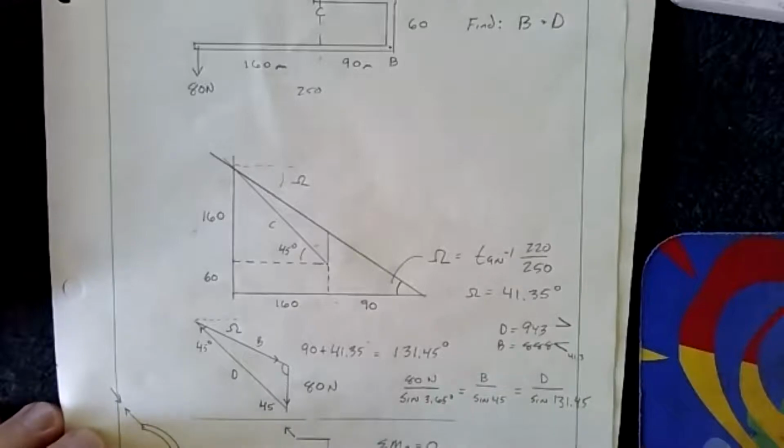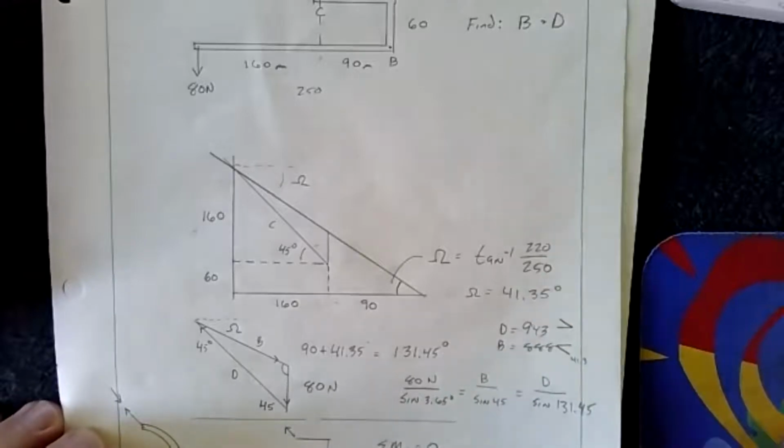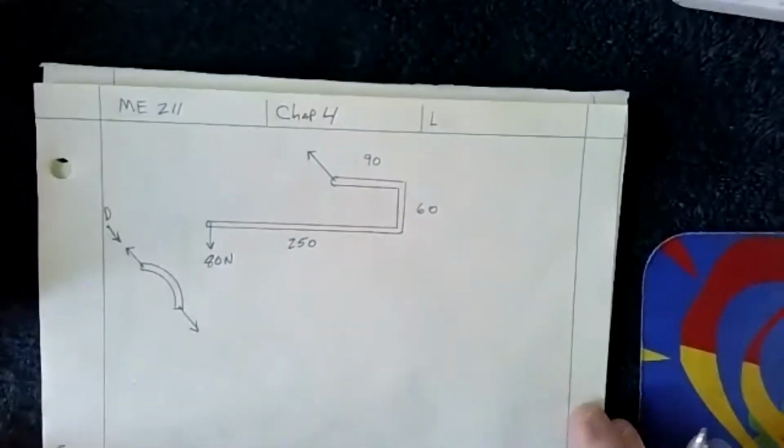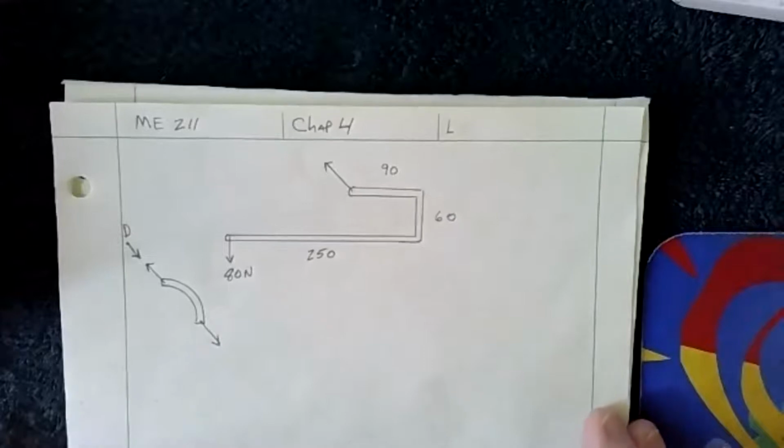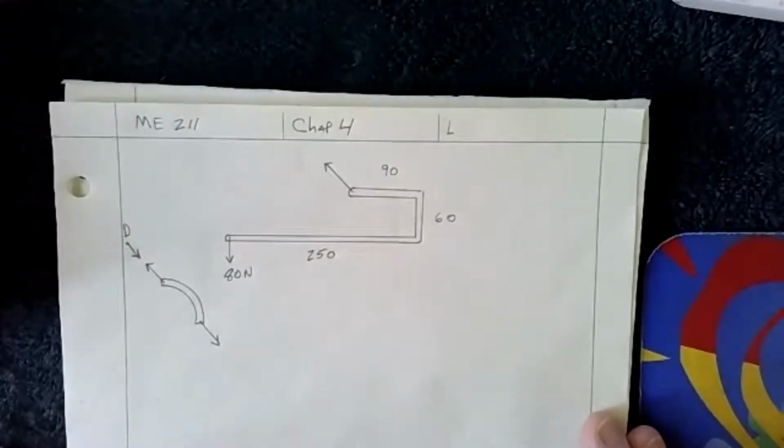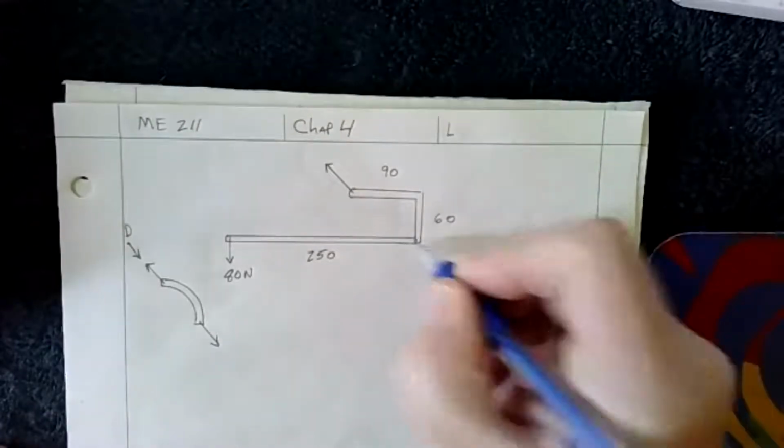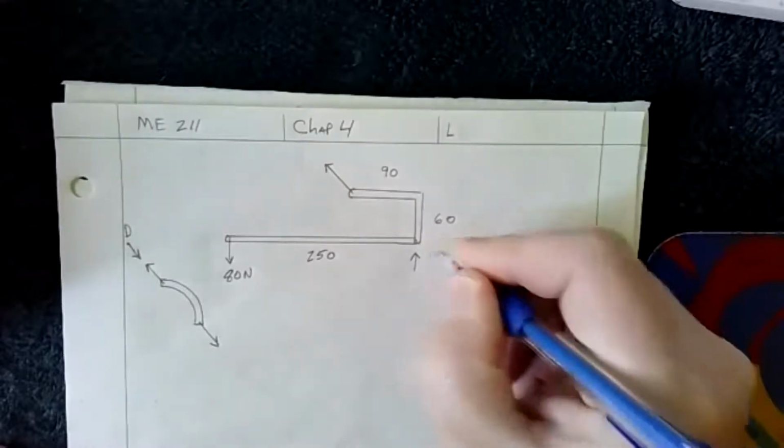Okay. Now let's say that you don't like the force triangle and you want to look at it in the conventional method. There's nothing wrong with that. You go ahead and look at it. If we draw, we have something that looks effectively like this. So here's B. I'm going to draw the reaction.